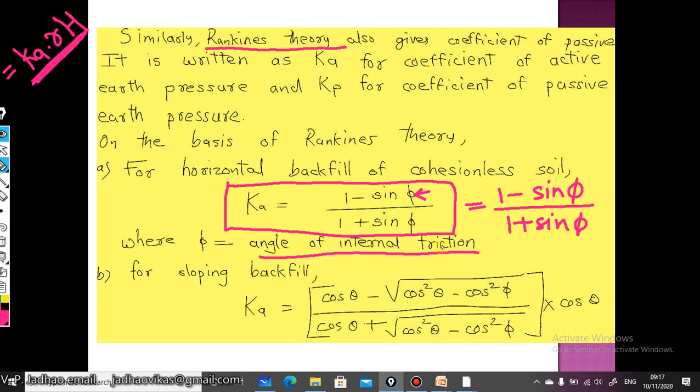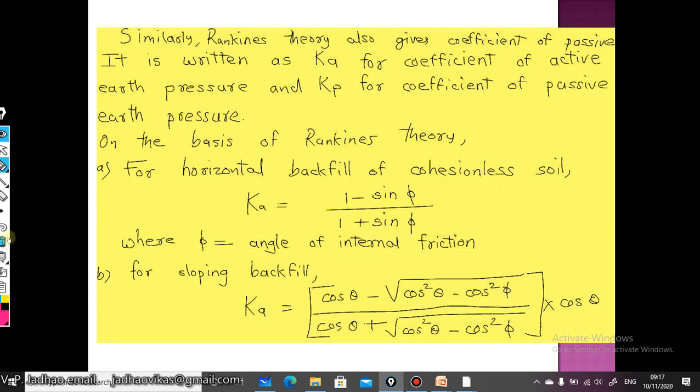This is covered in your geotechnical engineering. But this formula of coefficient of active earth pressure is applicable when your retaining wall is like this, and the soil we are retaining has a horizontal finish.